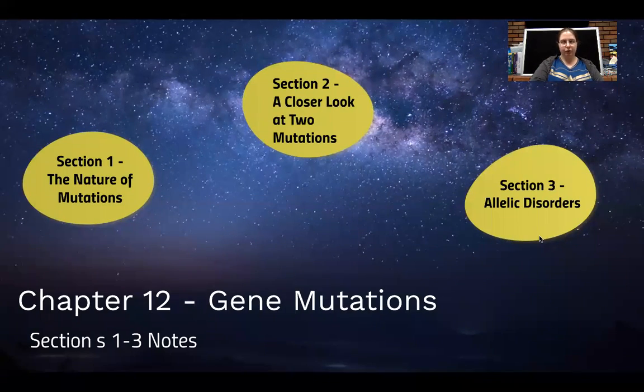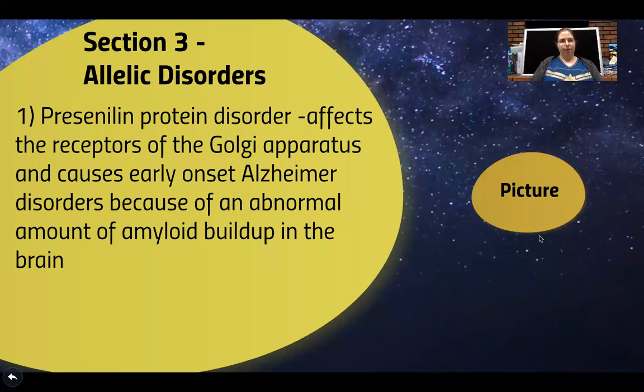All right, section 3, allelic disorders. So we're only going to really mention one of these, and that's presenilin. And this is a particular protein that affects specifically receptors of the Golgi apparatus.